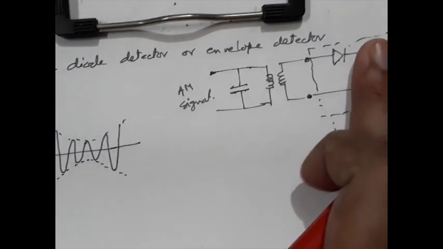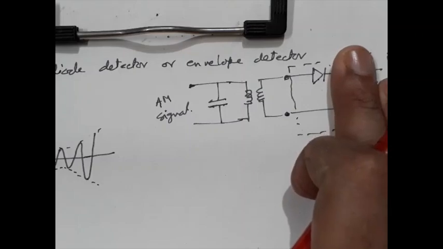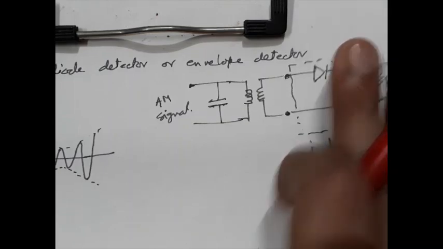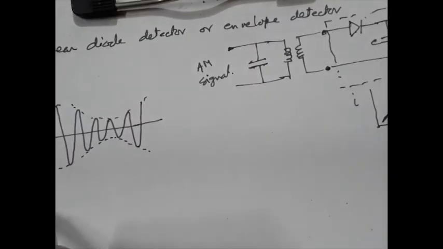So first consider there is no filter, only the diode is there. So a single diode will work as a half wave rectifier. That means the output of the diode should be like this.